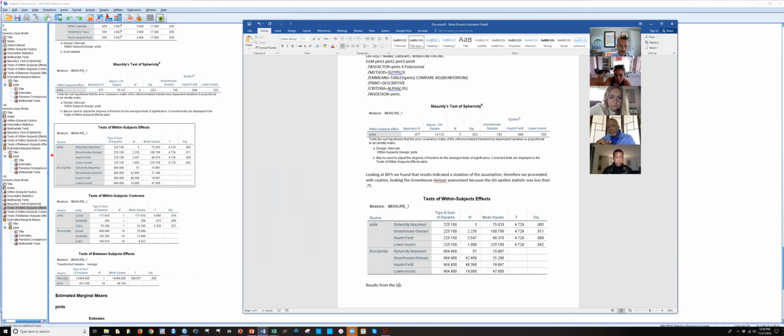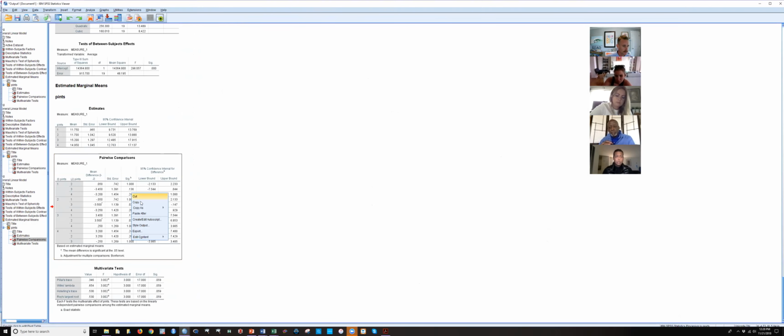Results from the GG estimate indicated that there were statistically significant differences in I roving across pint levels.